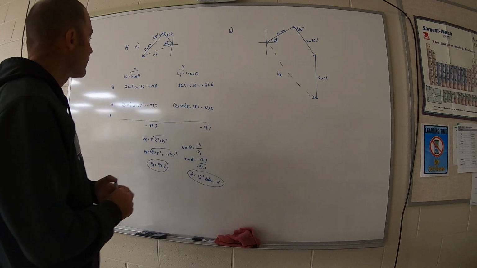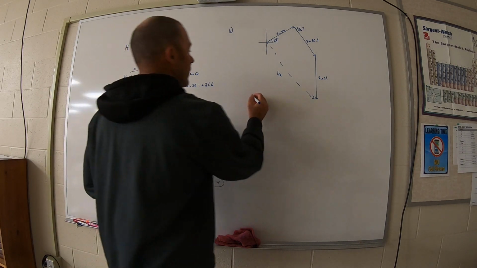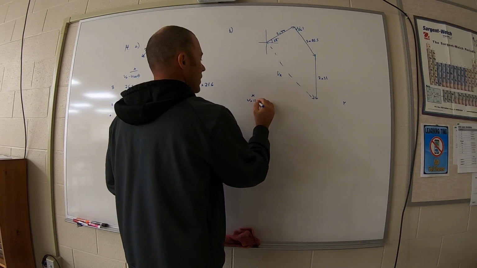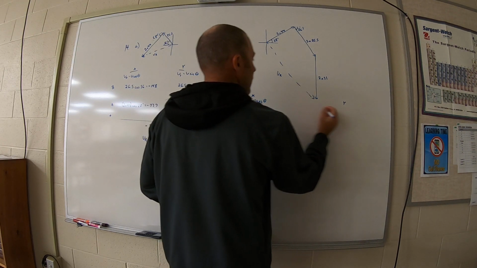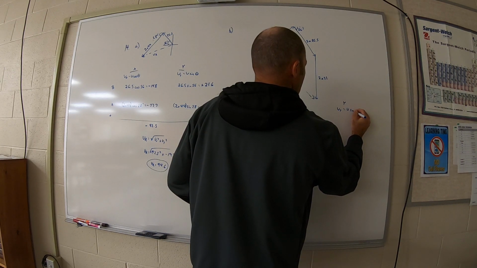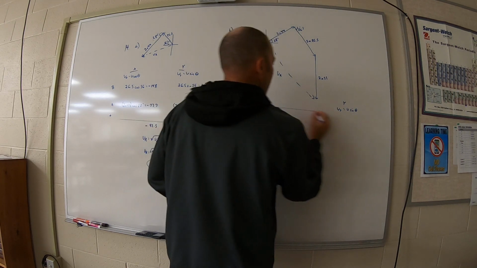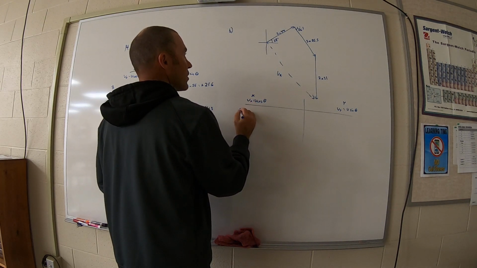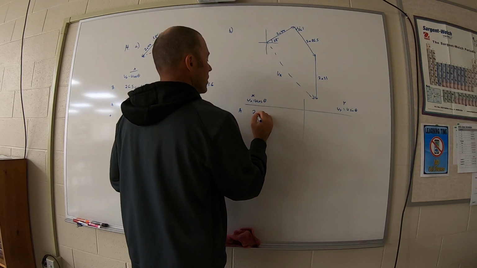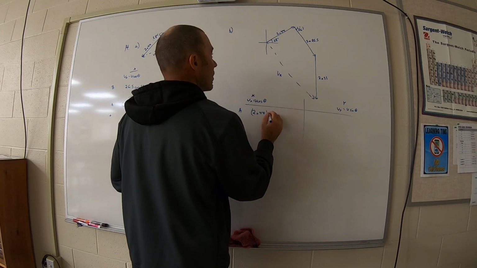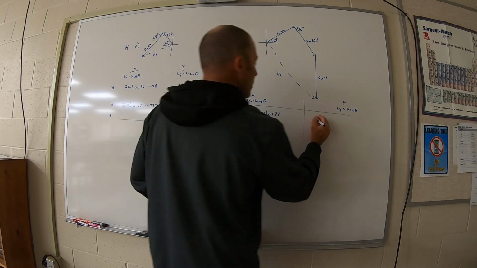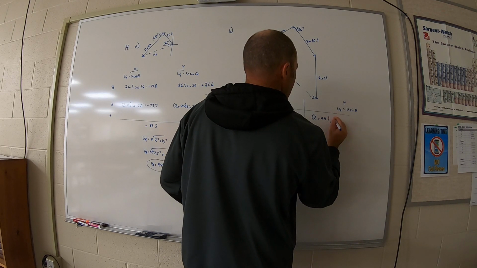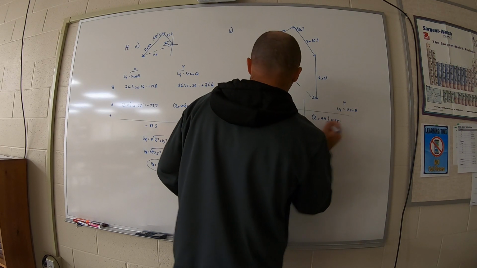Then on B, let's do the same thing. Let's draw our components. So Vx equals V times the cosine of theta. Vy is equal to V times the sine of theta. We'll make a table here. So I think we have A first, which is 2 times 44 times the cosine of 28. So 2 times 44 sine of 28.